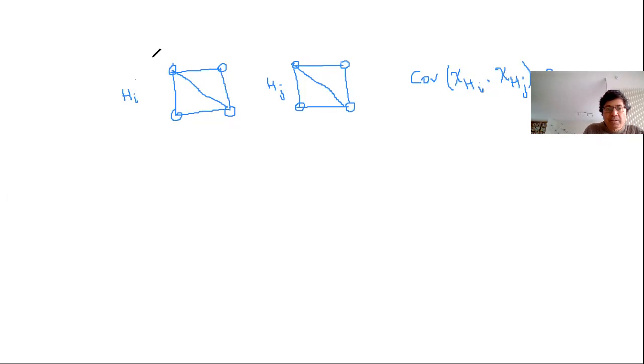Maybe the first graph is sitting on vertices 1, 2, 3, 4, and the second graph is sitting on vertices 7, 2, 4.